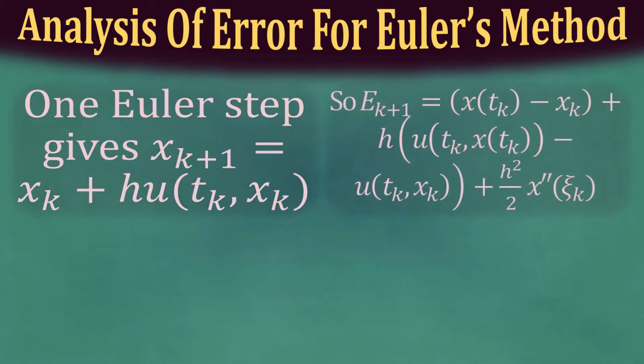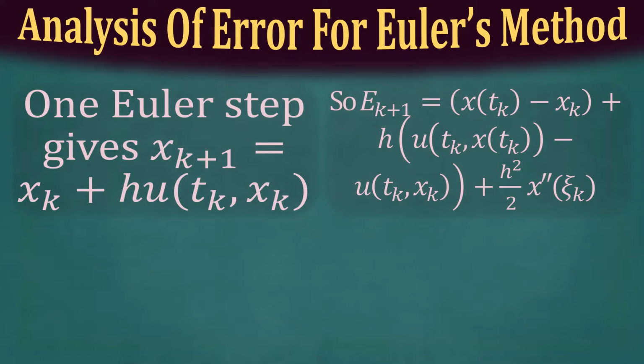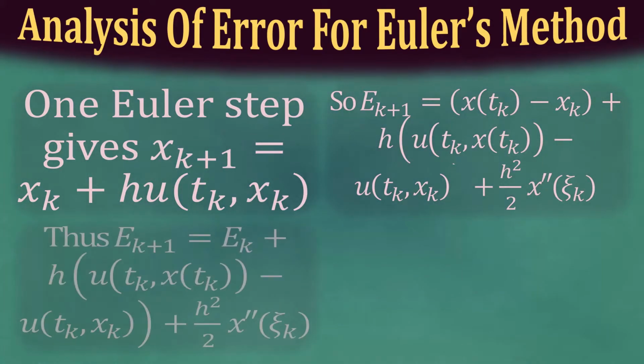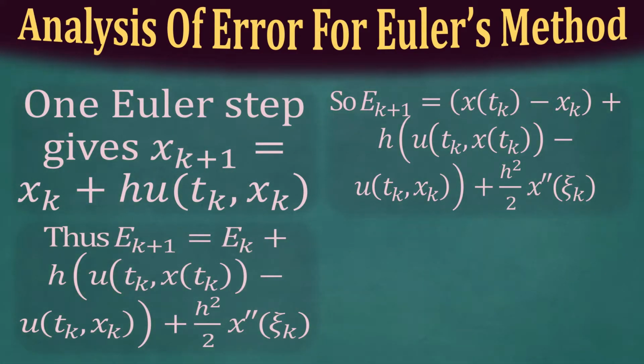So we have that E_{k+1} = x(tk) - xk + h [u(tk, x(tk)) - u(tk, xk)] + (h²/2) x''(ψk). Thus, E_{k+1} = Ek + h [u(tk, x(tk)) - u(tk, xk)] + (h²/2) x''(ψk).